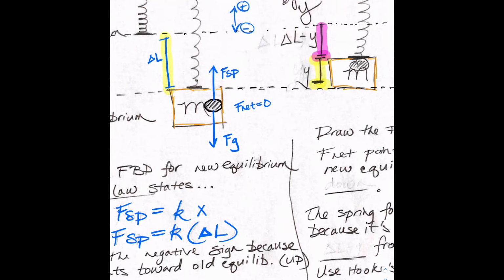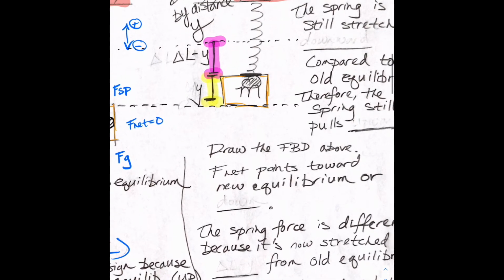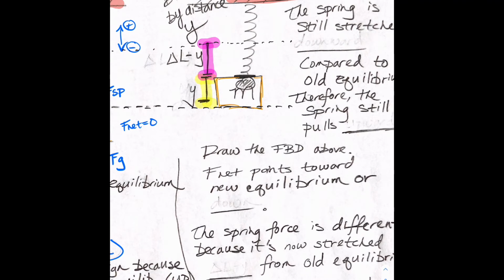This distance here is delta L minus y. That's what I'm trying to say right there. Because delta L is all the way from old equilibrium to new equilibrium, and now it's been lifted up a little bit, so it's not delta L anymore, it's smaller, so it's delta L minus y. And so that's what that pink distance is there.